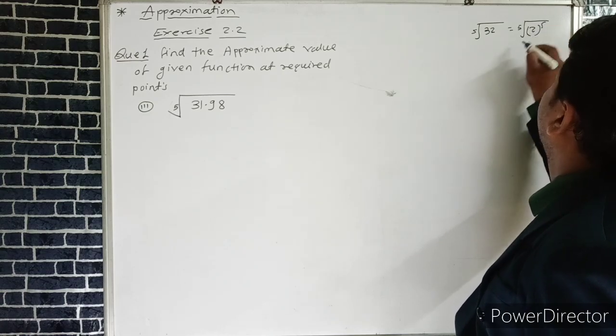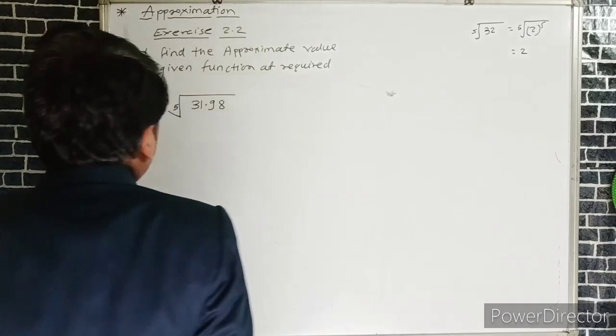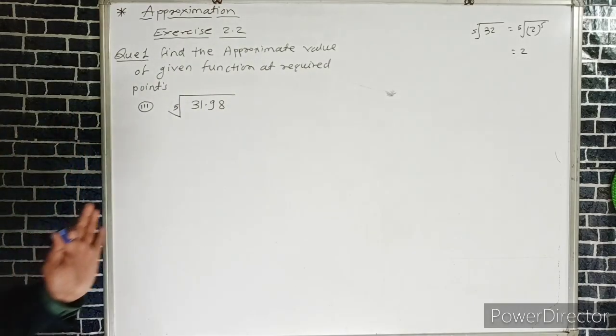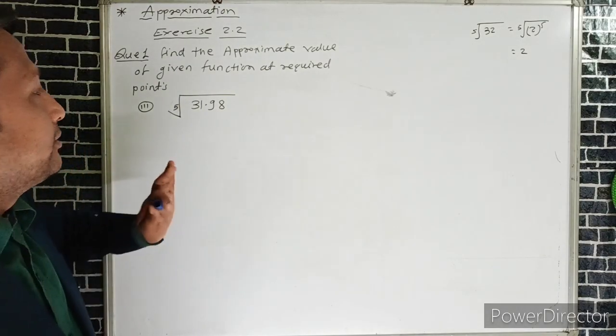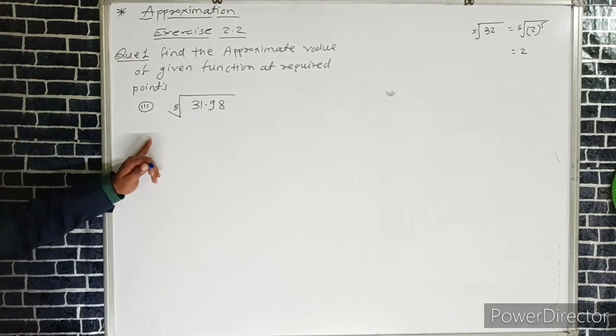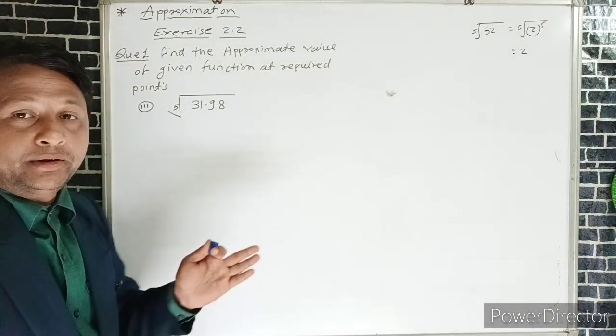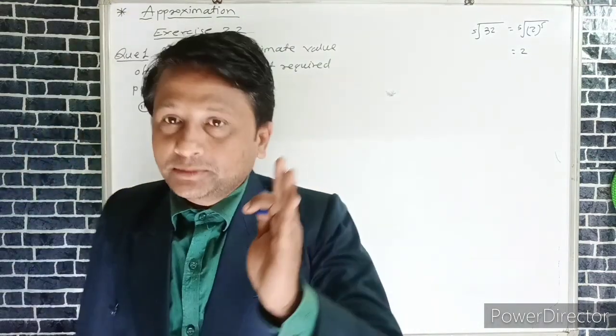The fifth root and the power 5 cancel, so we get the fifth root of 32 is 2. It is difficult to find the fifth root of 31.98 directly, but here we can find it by using the rules of approximation.